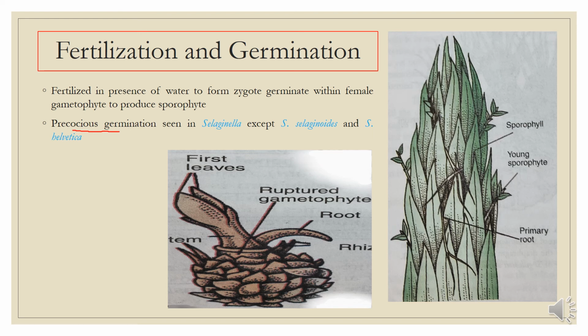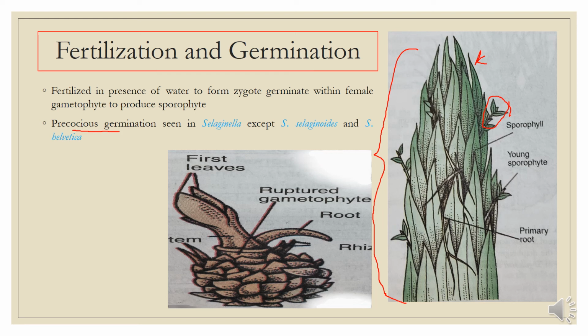All this occurs while still inside the strobilus of the sporophytic plant. So this entire structure is the strobilus of the parent sporophyte, and the megaspores are present inside these sporophylls. And see, this is the sporophyte of the next generation.